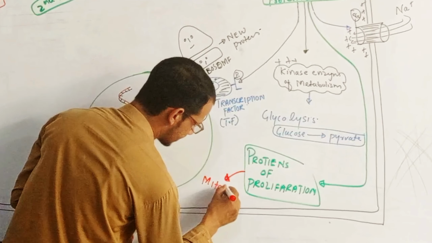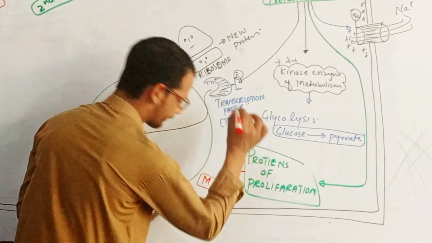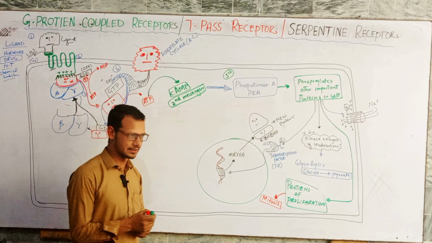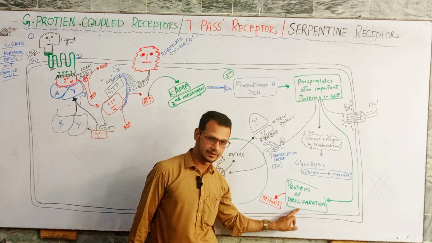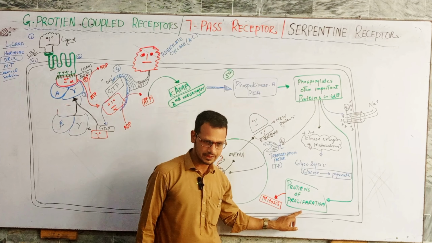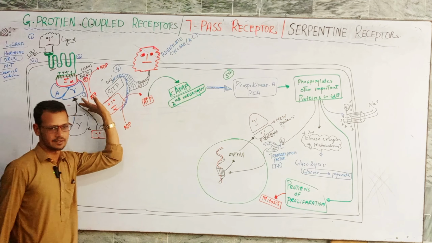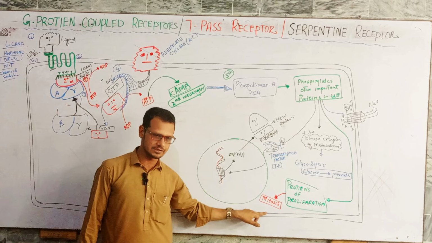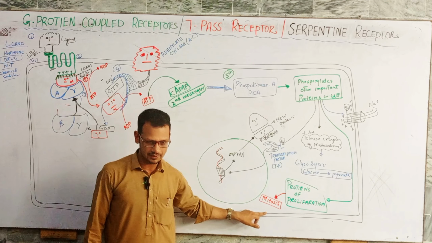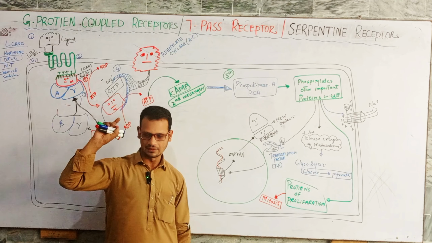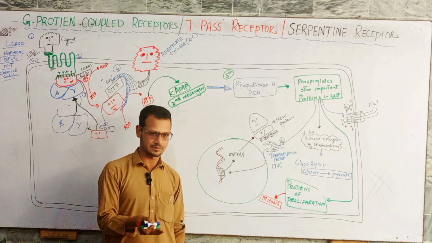So it also enhances mitosis. Now listen carefully. If a cell proliferates abnormally, it is called cancer, and when we stop or block this pathway, the cell will stop mitosis, and when mitosis is stopped, the cancer will be depressed, right? So these receptors are important for drugs mechanism, right?